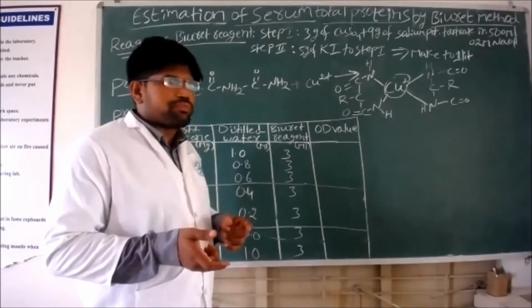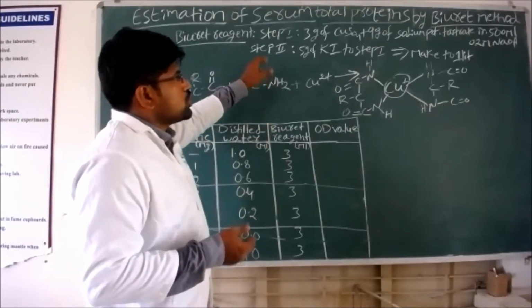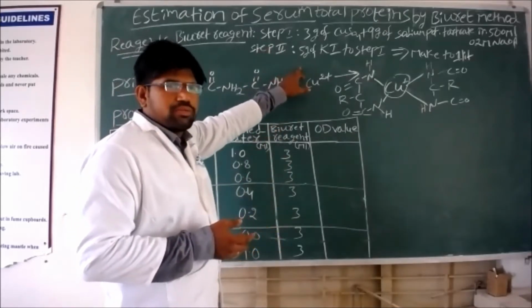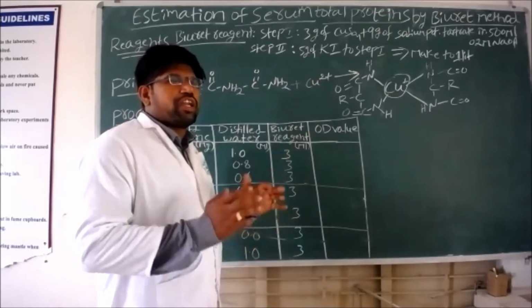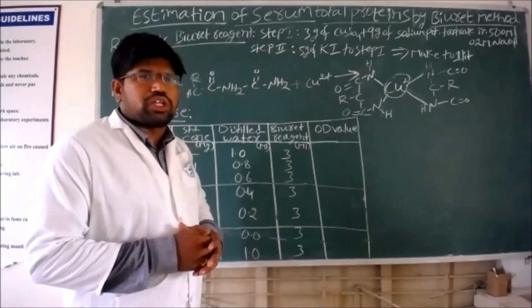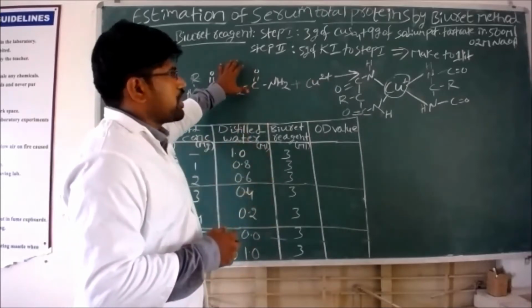Step two: to the above mixture, add 5 grams of potassium iodide and make up the final volume to 1 liter with 0.2 molar NaOH solution. In this way, we prepare the Biuret reagent.